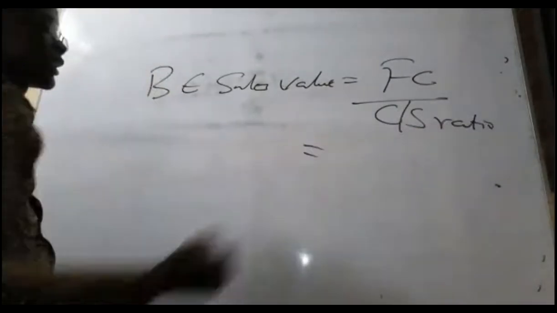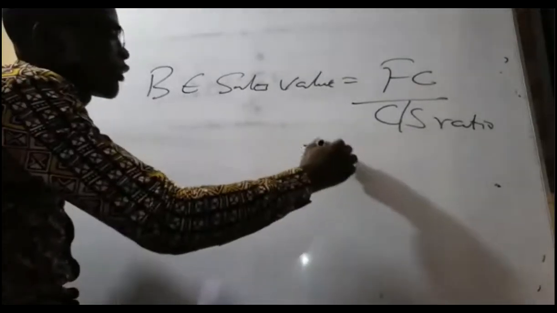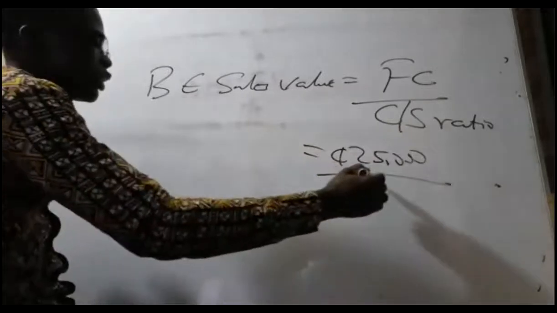So let's see if you get the same answer that we had. What is the fixed cost here? Still 25,000. I'm not changing the original question. What's the CS ratio? 0.2.